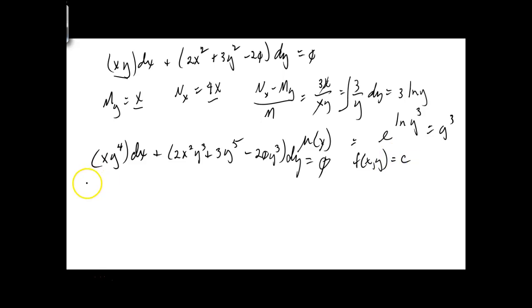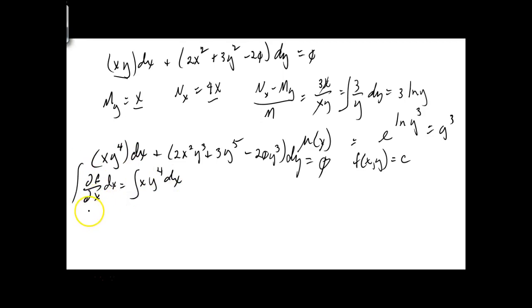And if that's the solution to this, then the partial of that f with respect to x has to equal your x y to the fourth, right? And then the technique is multiply by dx, integrate with respect to x.